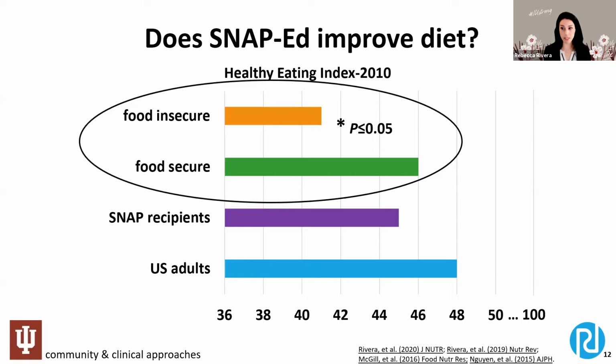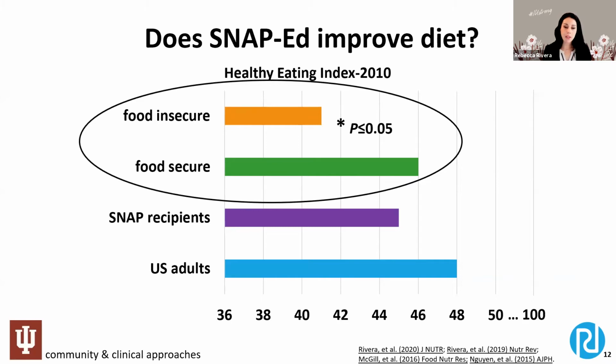So as a population, we have a ways to go to improve our diet in accordance with our federal guidance. SNAP recipients on average were a little bit lower than the general US population, and theirs is around 45.